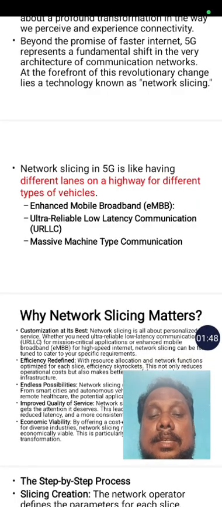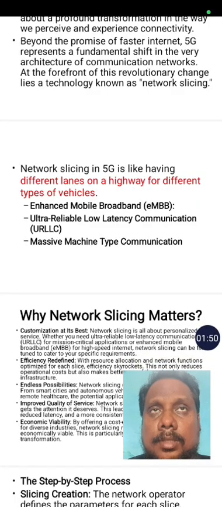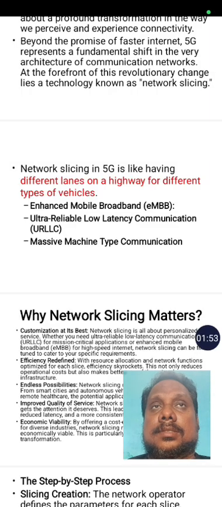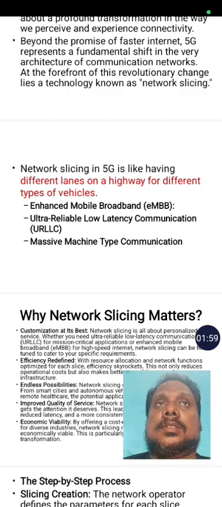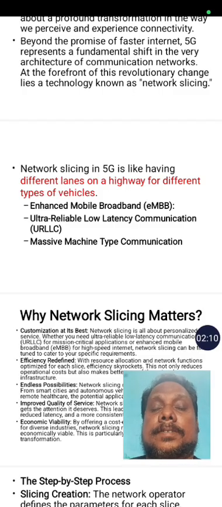When you look at the highways, the highway consists of different lanes, especially three lanes. The three lanes are for the heavy vehicles, the light motor vehicles, and then for two-wheelers. So depending upon the speed, it has been divided.